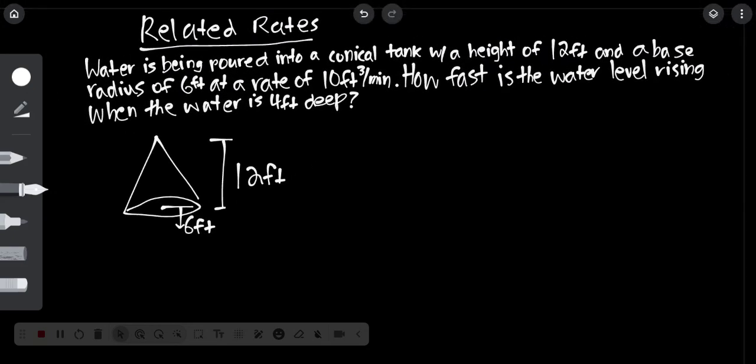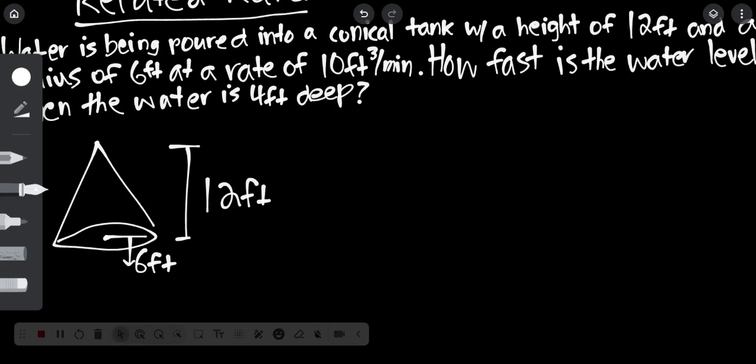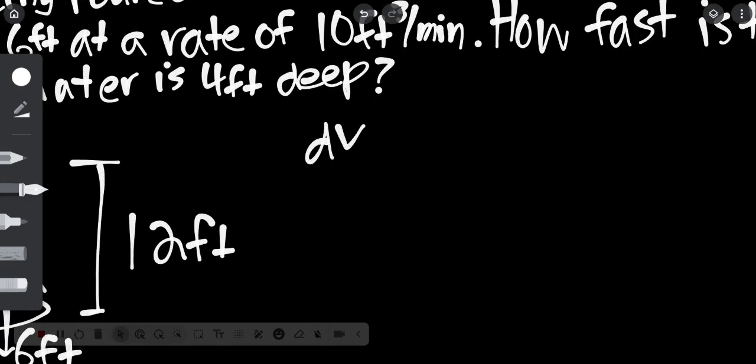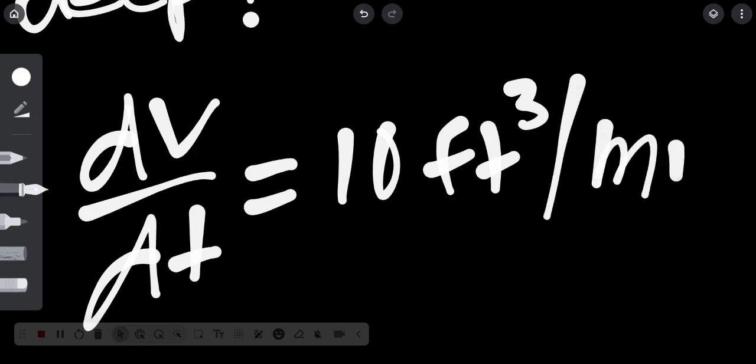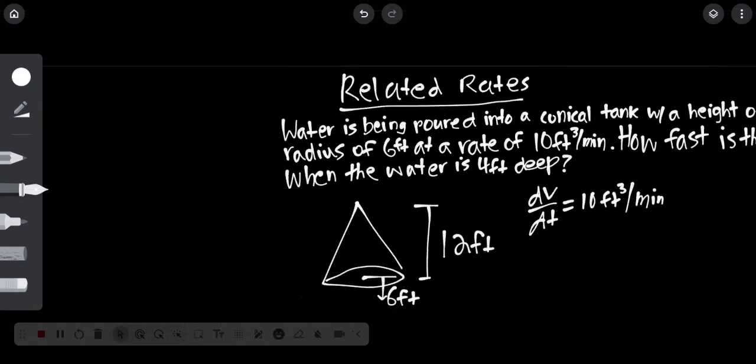We're given dV/dt, because it says it's being poured at a rate of 10 feet cubed per minute. Cubed is referring to the volume. So dV/dt is equal to 10 feet cubed per minute.